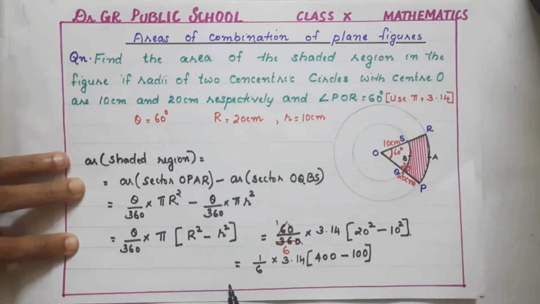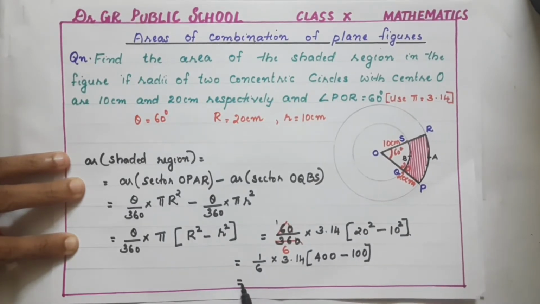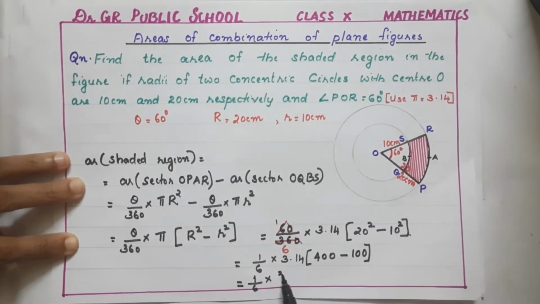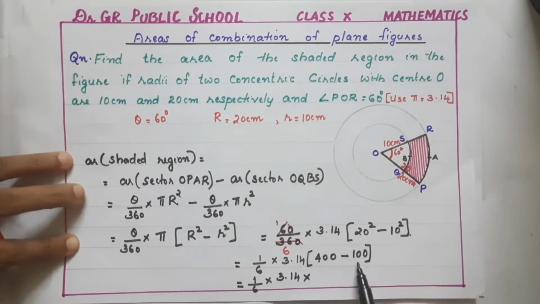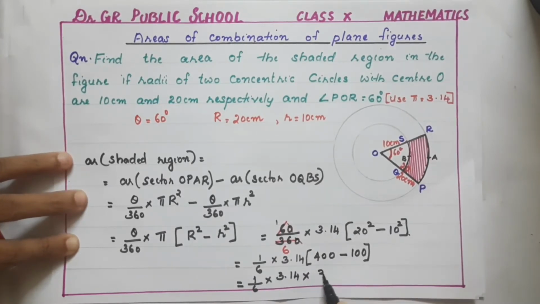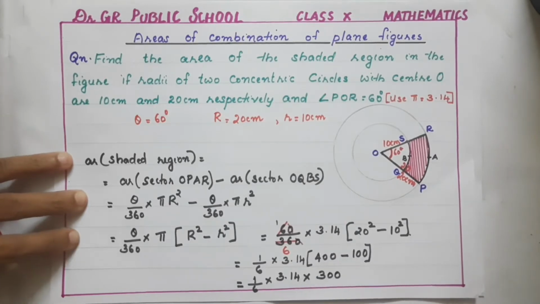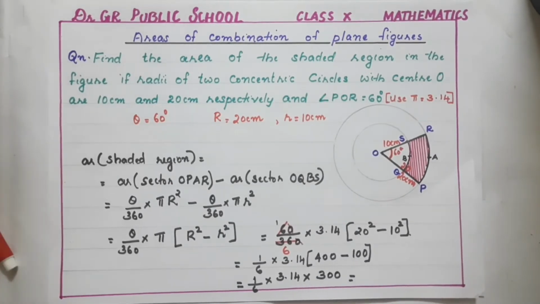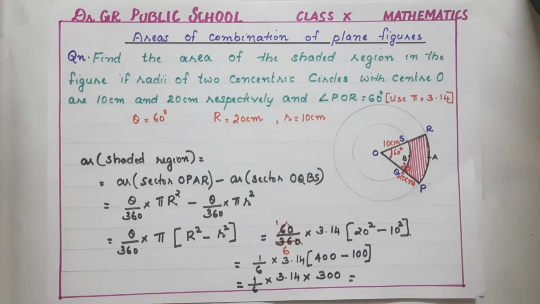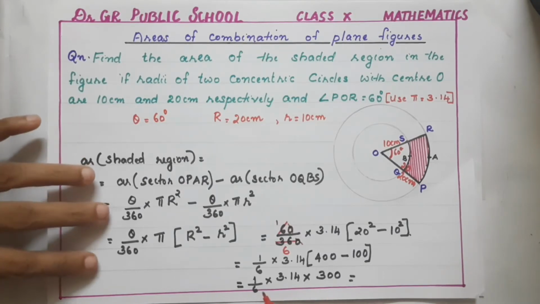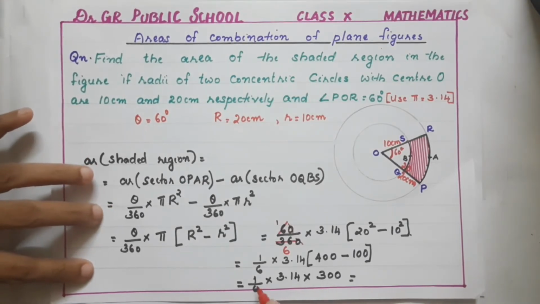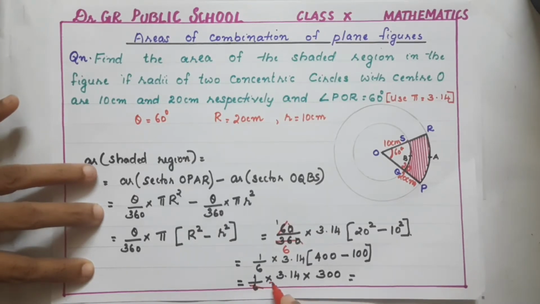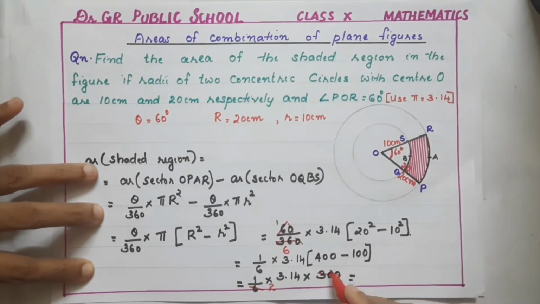Equal to 1 by 6 into 3.14 into what is 400 minus 100? It is 300. Now again we can do the cancellation. 6 and 300 both are divisible by 3. So here 2, here 100.